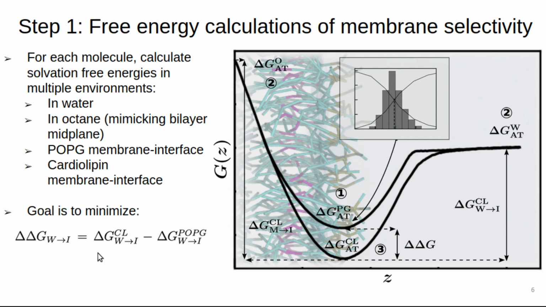So the first step involves performing free energy calculations of membrane selectivity. So for each molecule of interest, we perform a series of alchemical transformations in a number of different environments in order to estimate the selectivity of each molecule to cardiolipin. Specifically, we perform calculations in water, at the interface of the membrane and water, and in octane, which is meant to mimic the conditions of the bilayer midplane.